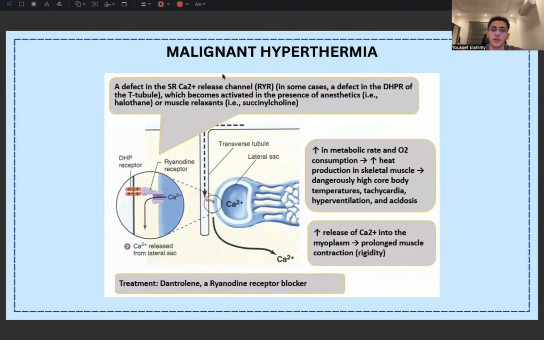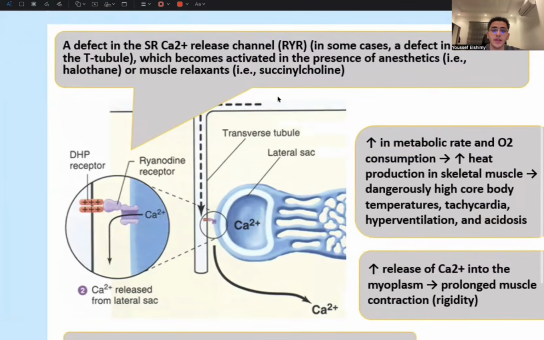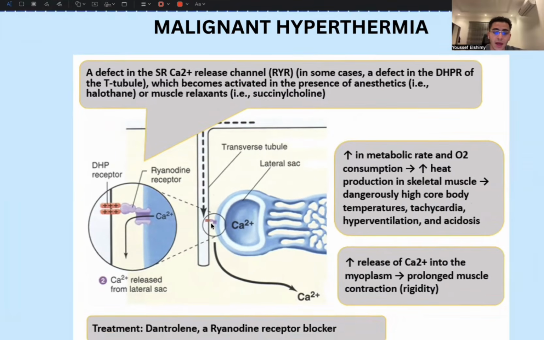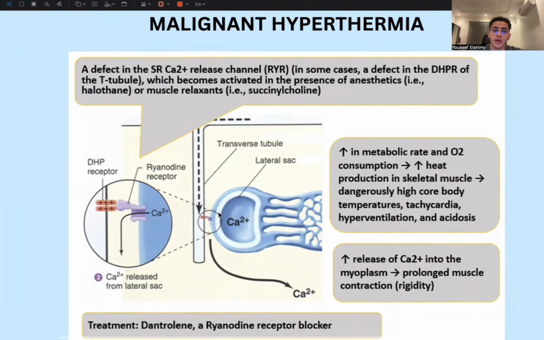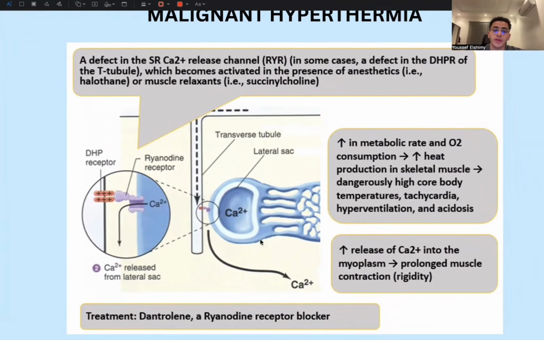Okay, another condition which is important to talk about is malignant hyperthermia. What happens is that there's a defect in the ryanodine receptor in skeletal muscles. This ryanodine receptor is connected to the sarcoplasmic reticulum, and you know that the sarcoplasmic reticulum stores a lot of calcium.